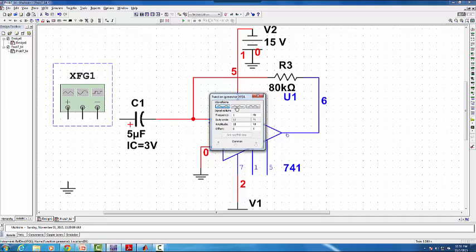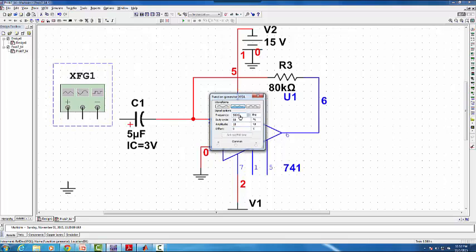So I can change from sine, triangle to a square wave. So it's a differentiator. I'm going to try triangle first. I'm going to set the frequency to be 500 hertz.